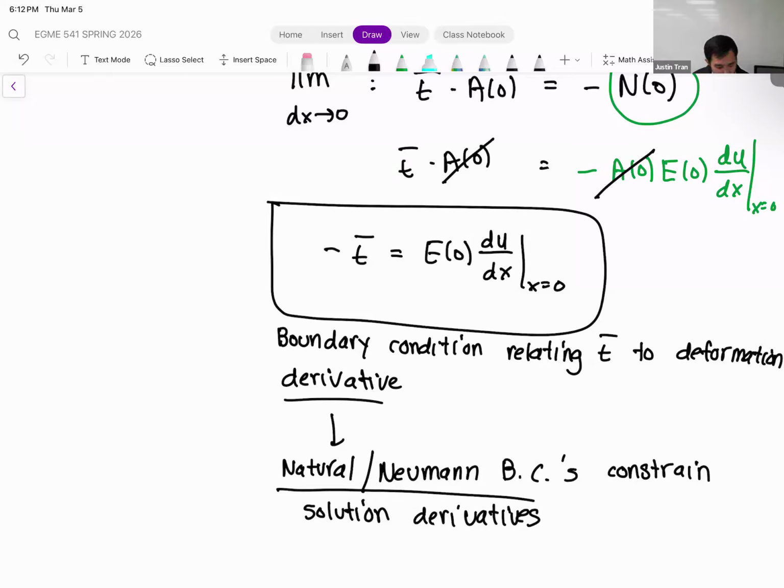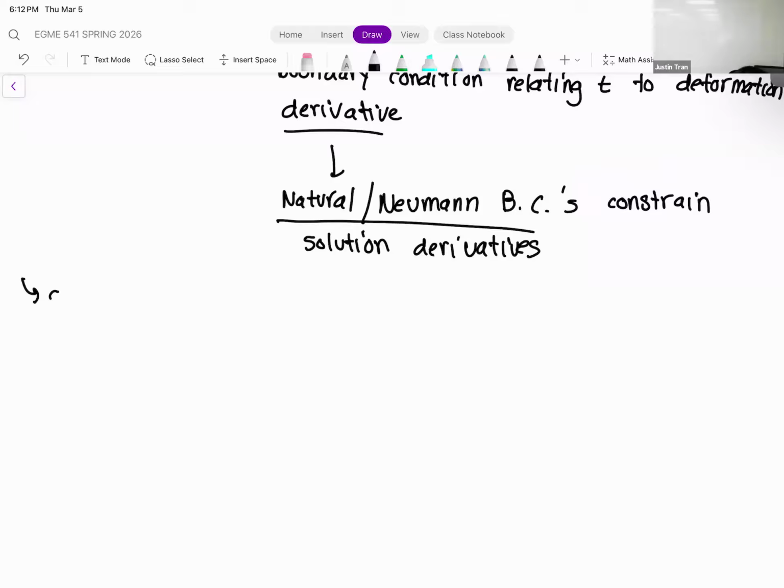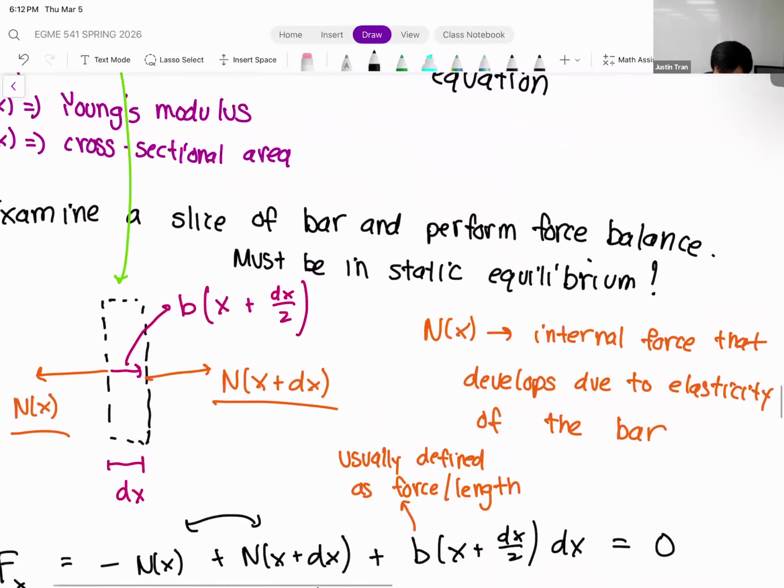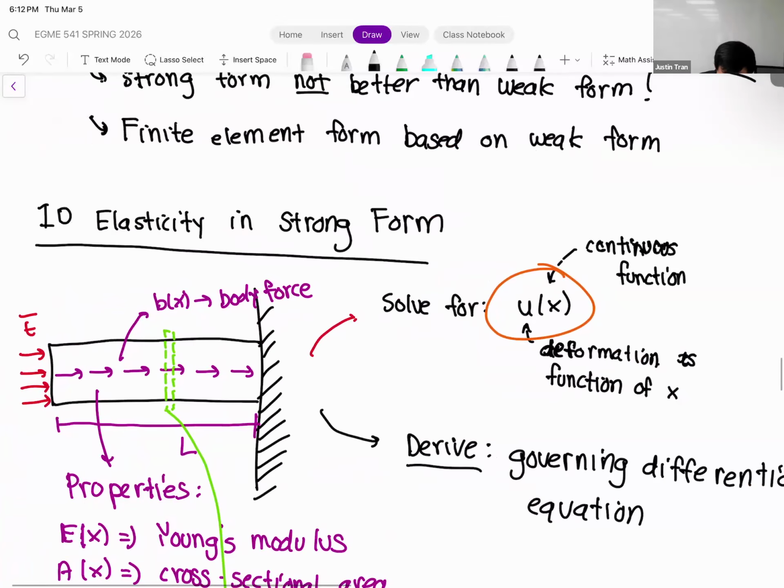All right, so that's one boundary condition. The other boundary condition is very straightforward because there's no force balance that we need there. On the other side, at x is equal to L, let's look back at our figure. On the other side of this domain, we can see that our bar is fixed to the wall. We have our traditional fixed support.